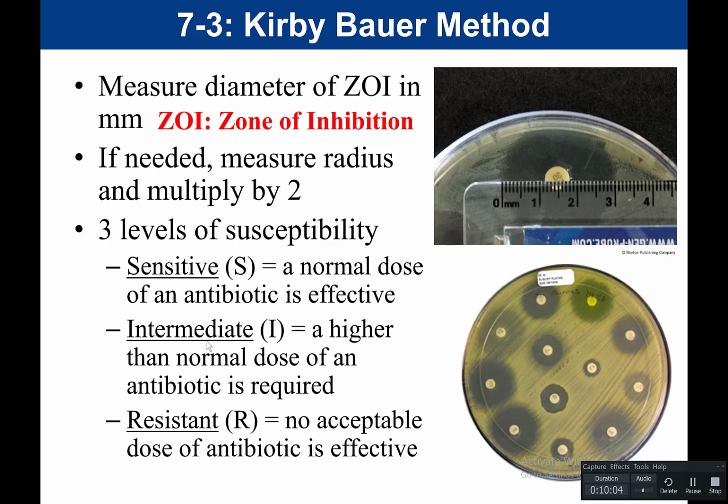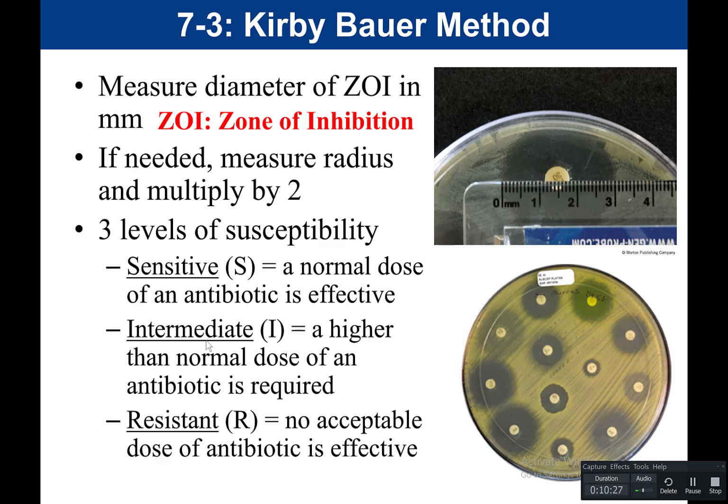Now, under what circumstance would you give an intermediate susceptibility drug? Well, if you think about it, let's say that you're testing a patient to see what antibiotic to give to them. And let's say that you're working with a strain of bacteria that is extremely resistant, and it's resistant to most drugs.